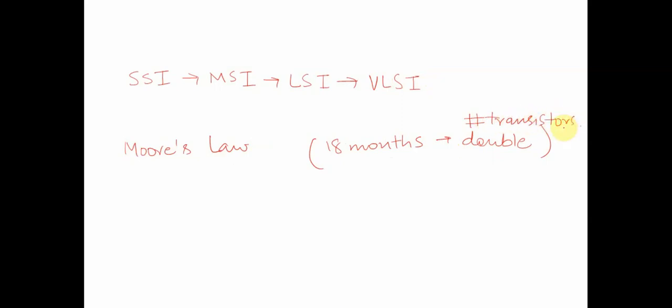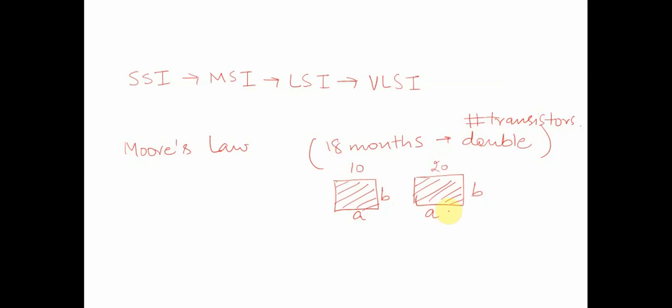So basically, given the same area, say A and B, we are able to pack, say, 10 transistors over here. After 18 months, in this particular area of A and B, you will be able to pack 20 transistors.